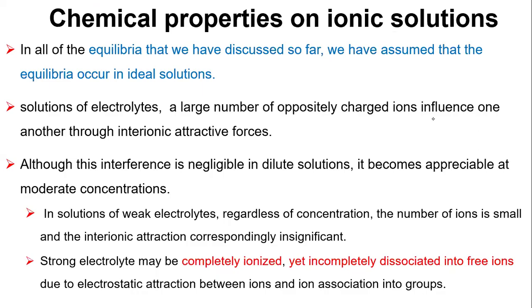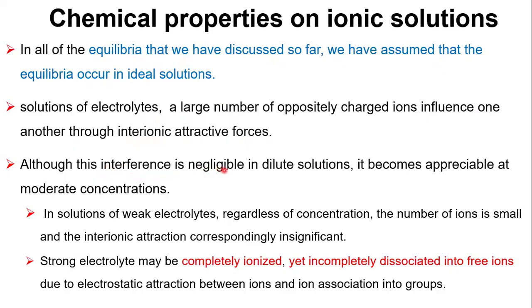On ionic solutions. So we are saying that in all of the equilibria that have been discussed so far, we have assumed that the equilibria occur in ideal solutions. But in solutions of electrolytes, a large number of oppositely charged ions influence one another through interionic attractive forces.